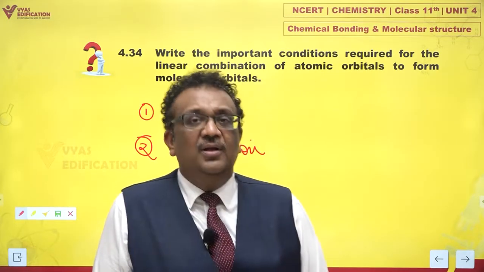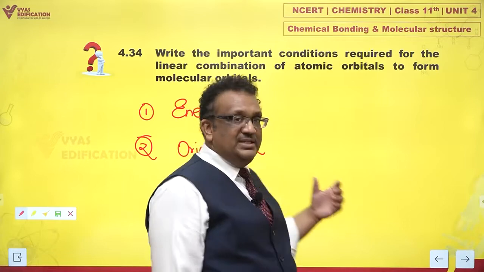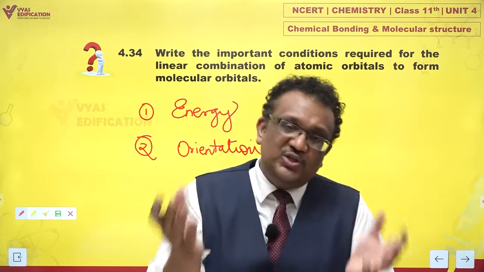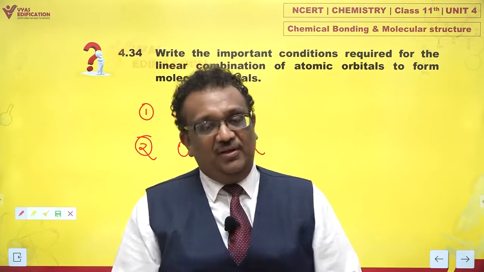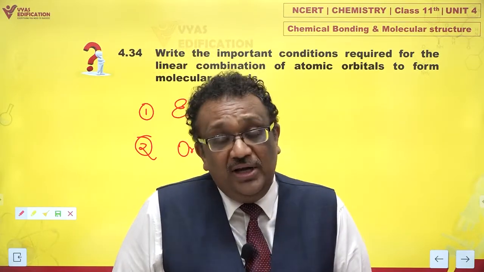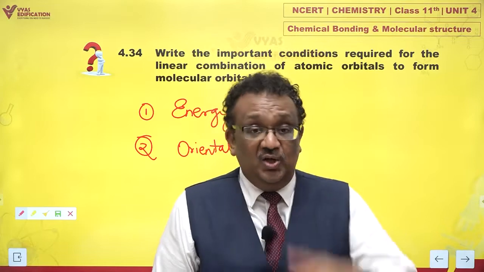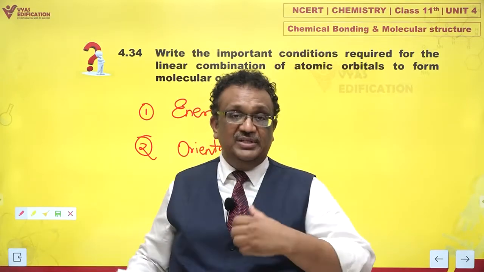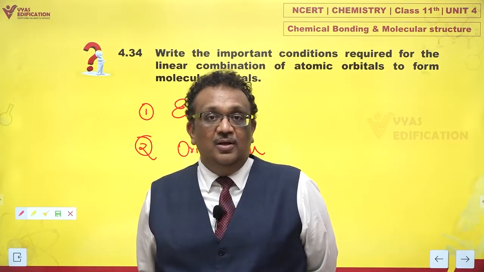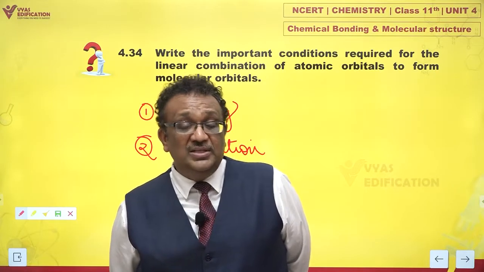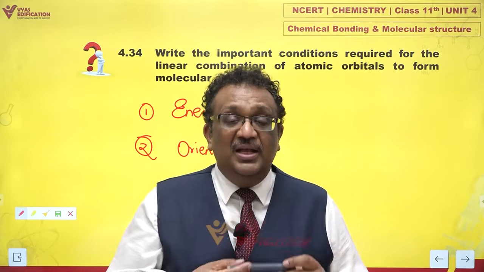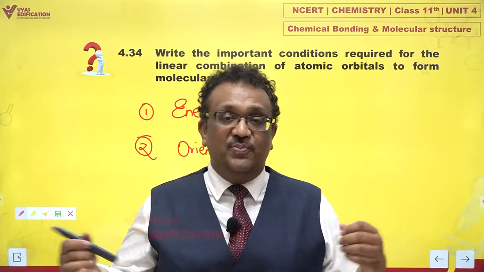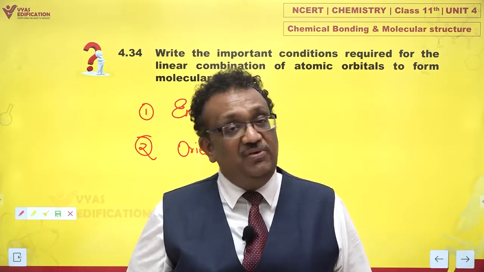What is the orientation of an s orbital? An s orbital has no orientation, it is a sphere. But with p orbitals, yes, you have px, py, pz. If a p orbital is directed along the z-axis, it is pz. If directed along the x-axis, it is px. Along the y-axis, it is py.